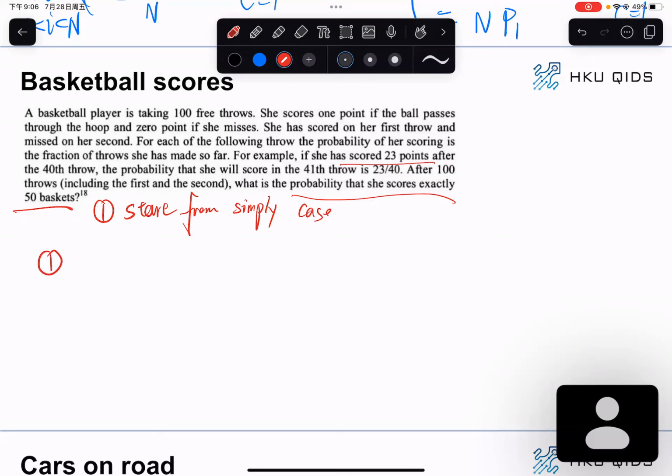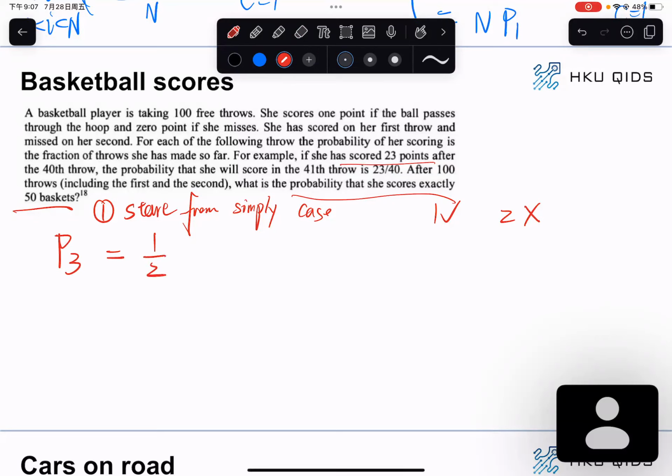So we already know that he made the first one. The first one is okay, and the second one has missed. So for the third player, the probability of scoring 3 baskets is just 1/2, right?